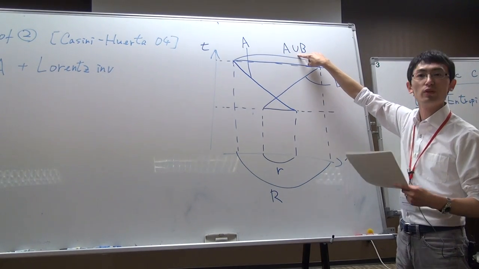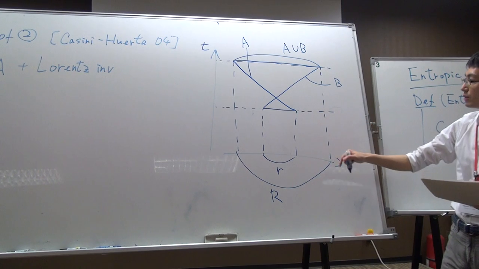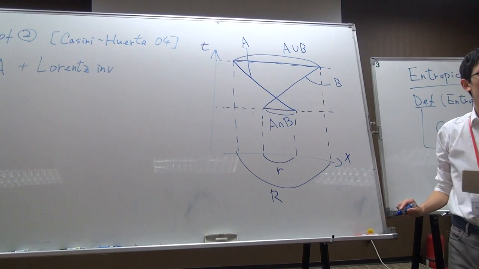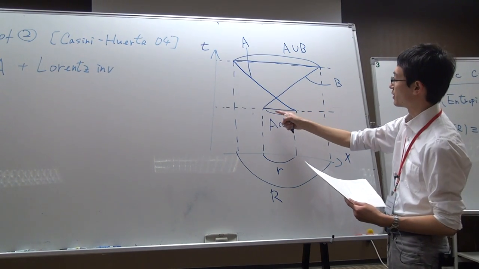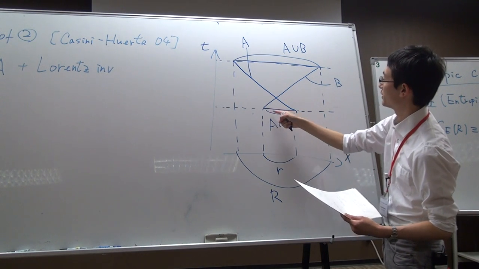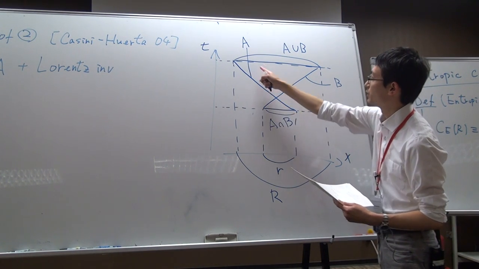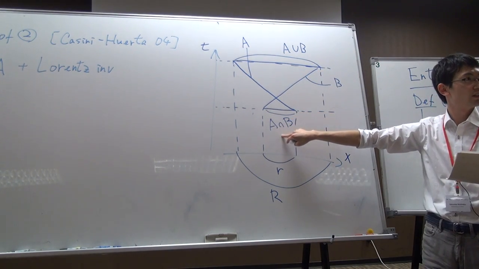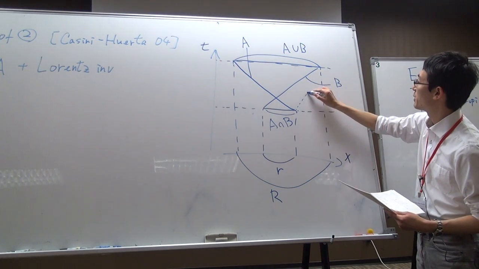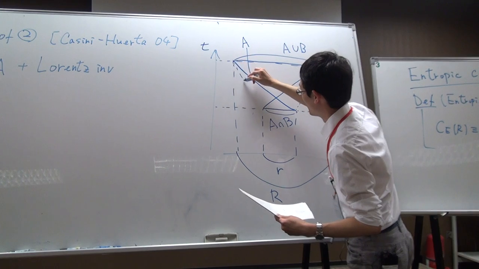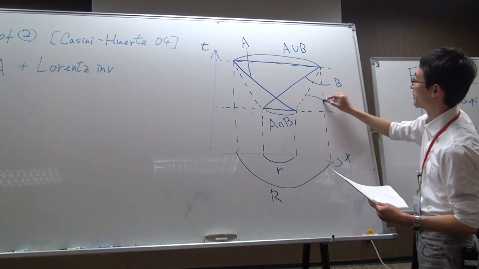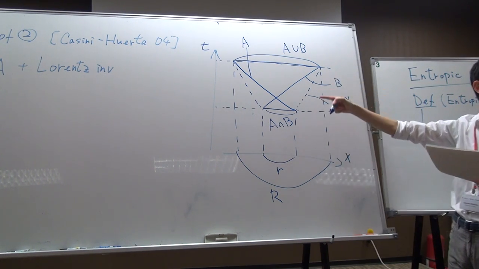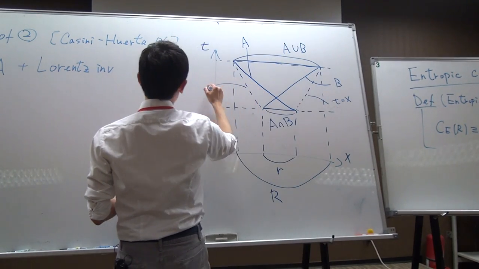And this part is the intersection of A and B, because every particle going through this slice has to go through both A and B. So this is the intersection, okay? Is it clear? My figure is actually very bad, because this is supposed to be a light cone, t equal to x.